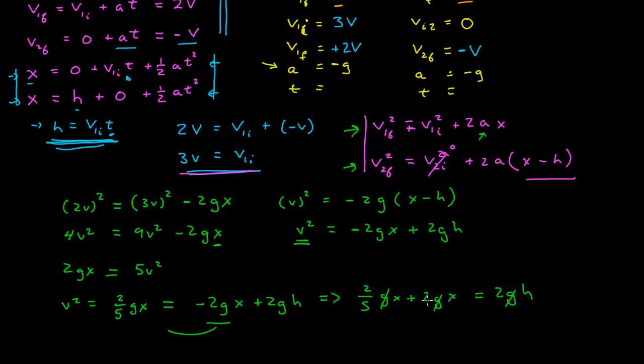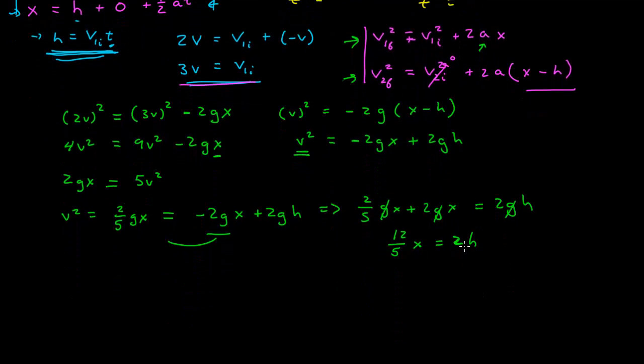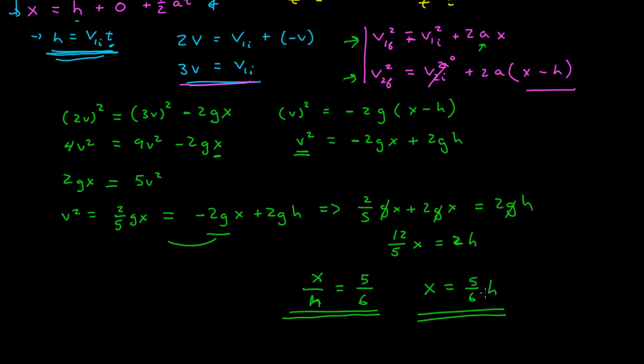And so 2 is 10/5. So that gives me 12 fifths x is equal to 2h. And then I can cross multiply, and x over h is equal to 5/6. So I can also rewrite this: x is equal to 5/6 h. And so the fraction of the height where the balls hit is 5/6 the distance from which the first ball was dropped.